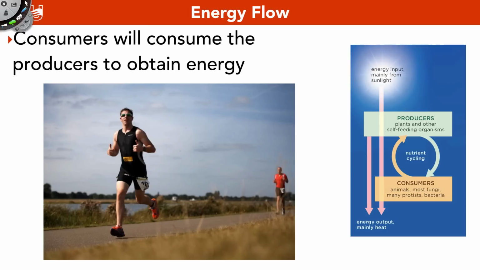Okay, alternatively, you can consume a meat, for instance. Well, the meat comes from a cow, using this example, and that was a consumer. But where did it ultimately get its energy from? Well, you keep on backtracking it. The cow ate grass, right? The grass gets into the gut of the cow and it's broken down.